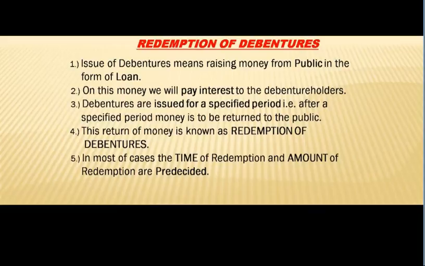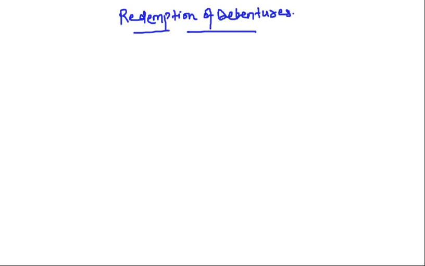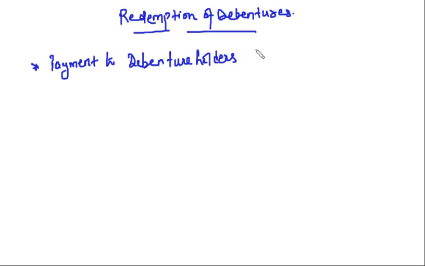Right? Now, to this I would like to add two more things before we move on to a very important topic, debenture redemption reserve. What are the two points here that I want to make? One is, payment to debenture holders is an obligation of a company.